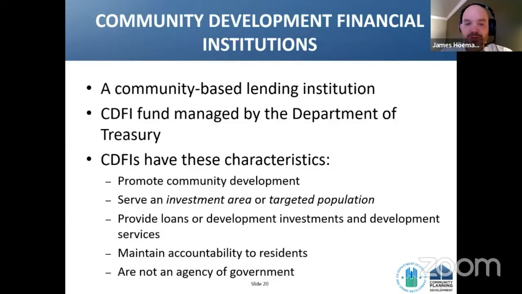Now, I will note that these are not an agency of the government. These are independent. A lot of CDFIs are also the ones receiving tax credits that they administer within these areas in order to focus on, say, affordable housing development or historic preservation. Next slide.